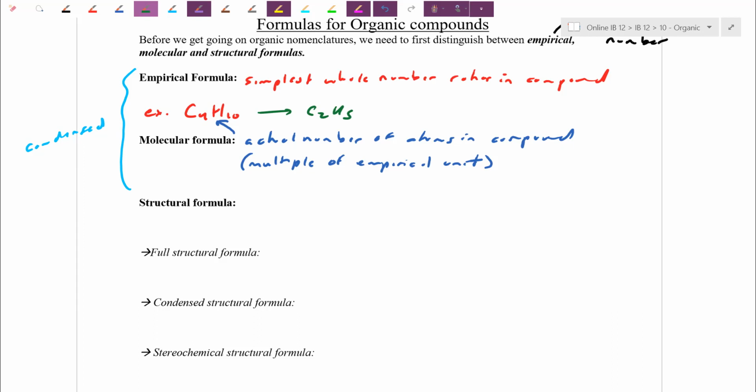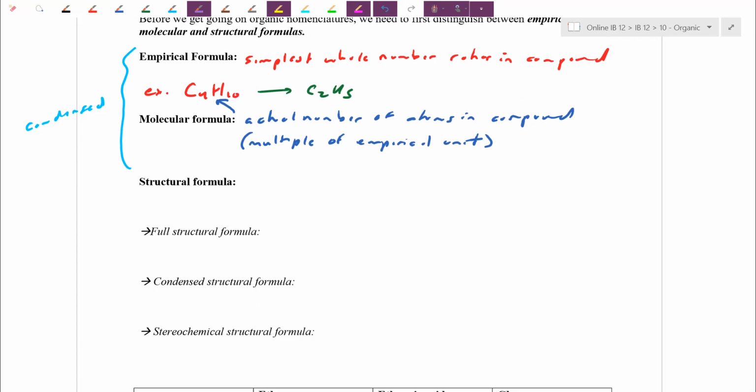We can do it in all the detail here. This is called the structural formula. Let's say I do have C4H10. What I want to show is basically every atom, and how every atom is bonded. So not only who's attached to whom, I want to know which one's a single bond, which one's a double bond, who's actually doing the bonding.